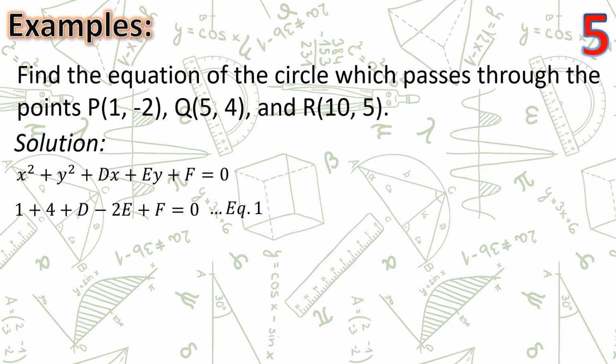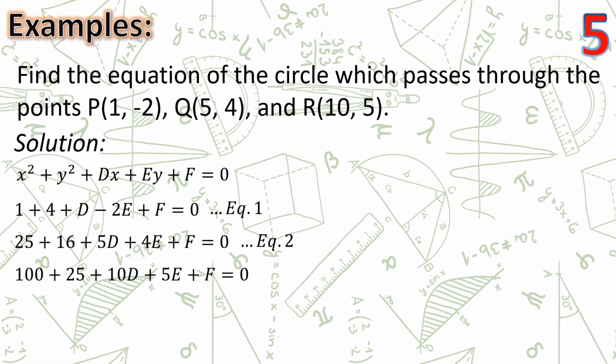We have 25 plus 16 plus 5d plus 4e plus f equals 0. Let us call this our equation 2. Let's do the same with coordinates of point R. That will be 100 plus 25 plus 10d plus 5e plus f equals 0. And this will be our equation 3.